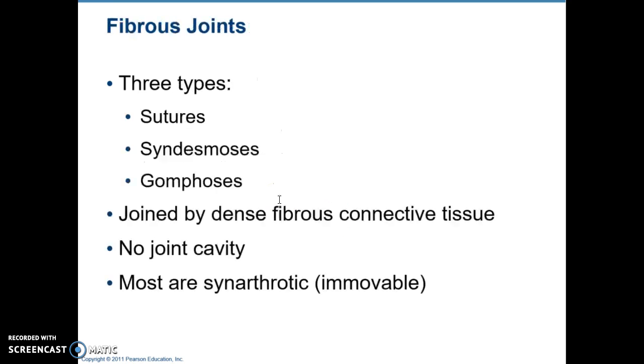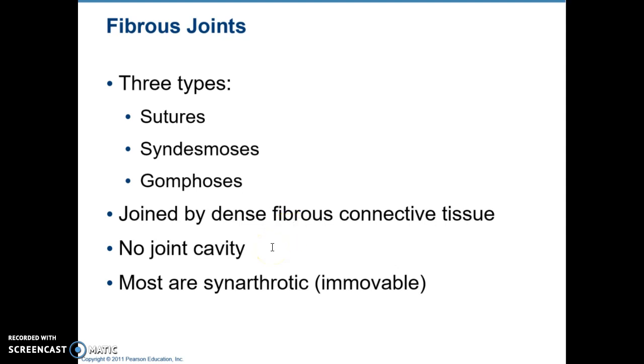So starting first with the fibrous joints, there are going to be 3 types, as this says right here: sutures, syndesmoses, and gomphoses. What makes them all the same is that there is dense fibrous connective tissue that holds them together. So think a really small ligament or some sort of stitching that's made out of dense regular connective tissue.